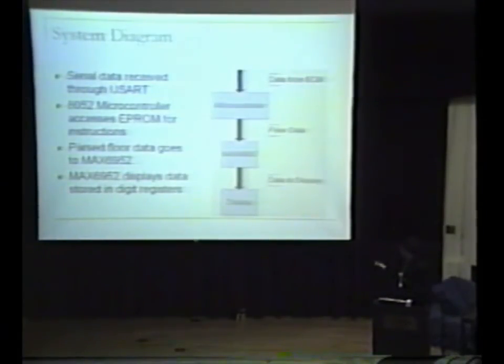This data is then sent to the MAX6952, which is the display driver, and stored in special digit registers. Then that data is sent to the display where it will be displayed.